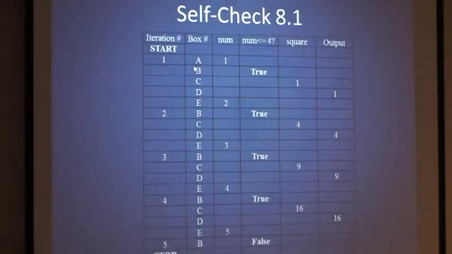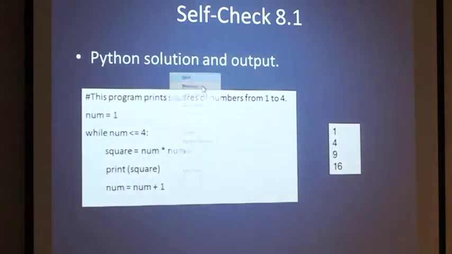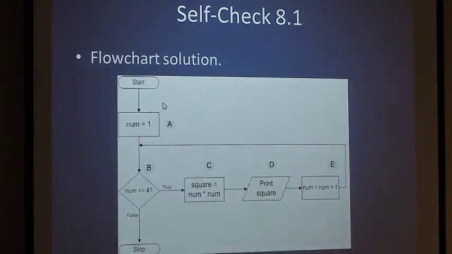And this is the complete trace. I don't think I'm going to go over every single line of this, but after box A, num is set to 1. So go back to the flowchart because that's the place where we have these labels. At box B, we evaluate this condition.